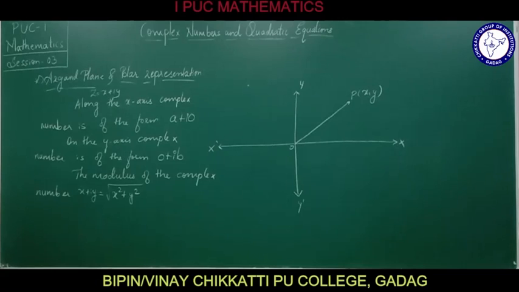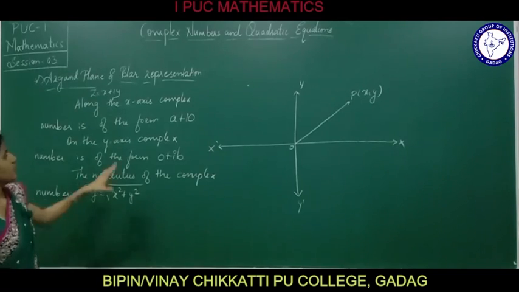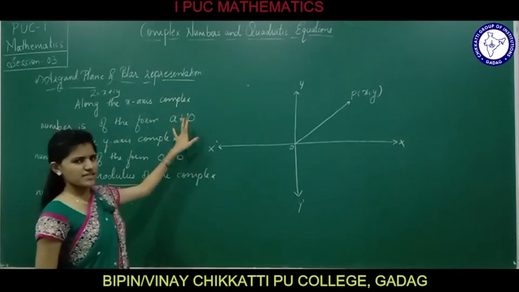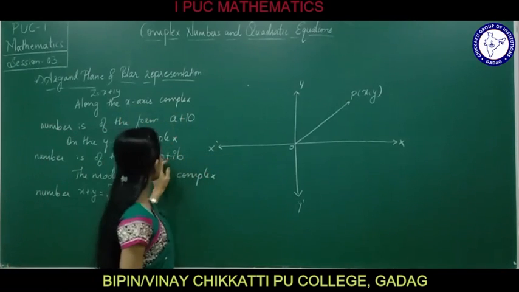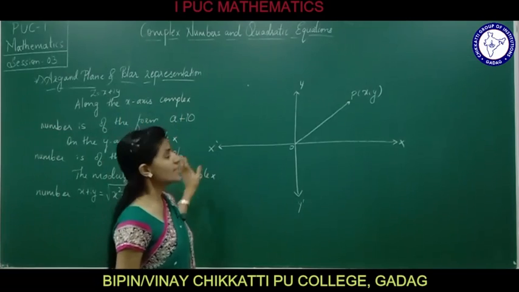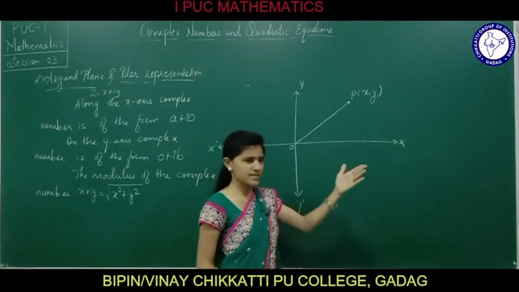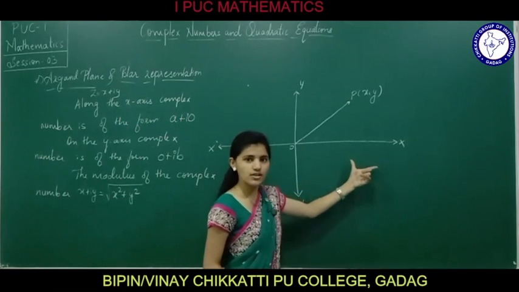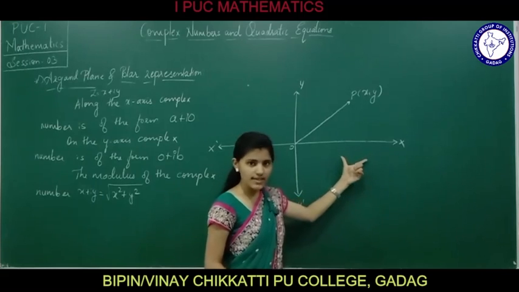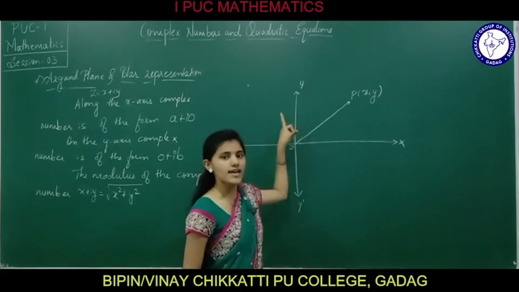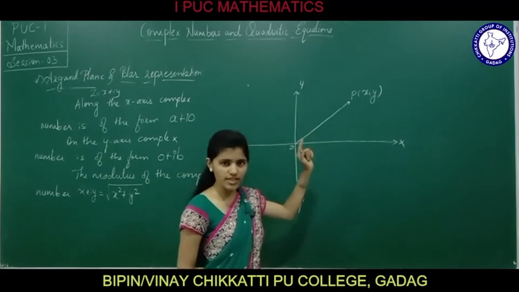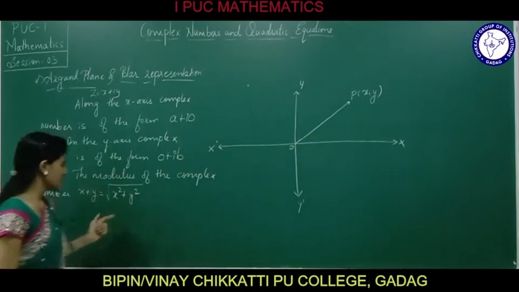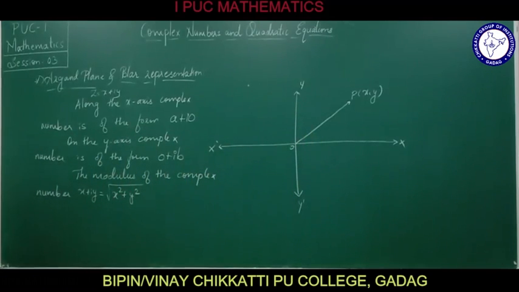The points on the x-axis, as I said, correspond to a plus i into 0. I have said already, on the x-axis it is a plus i into 0 and on the y-axis it is 0 plus i into b. The x part is called the real part and the y part is called the imaginary part. How are we going to write it?